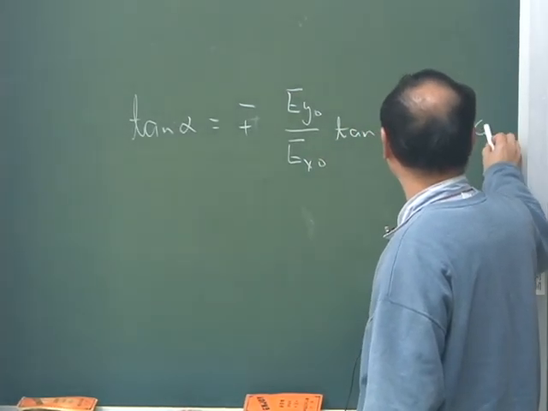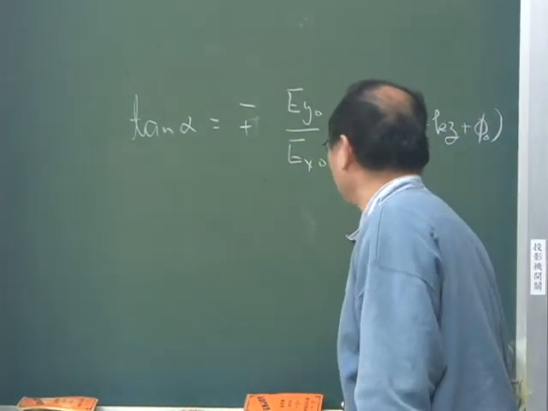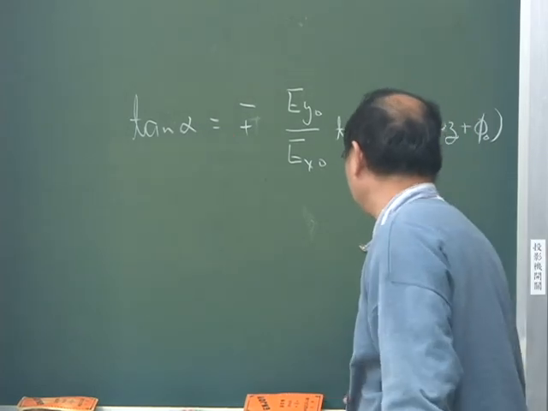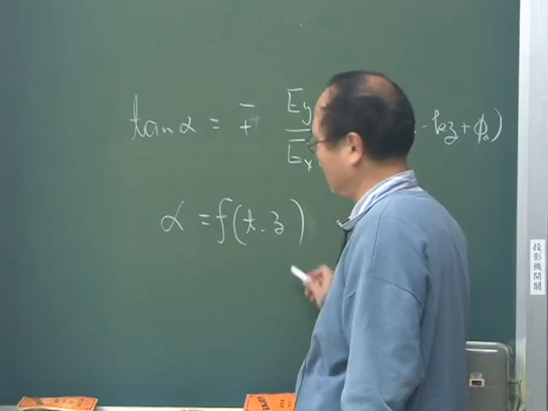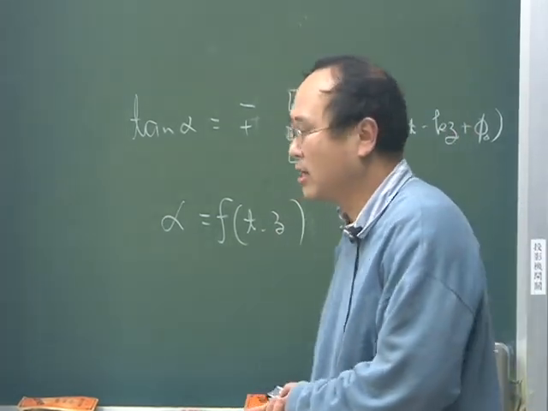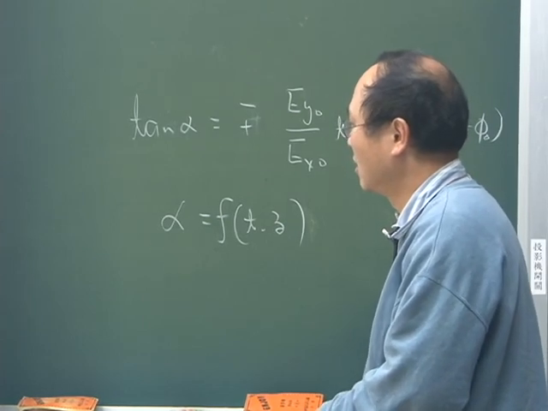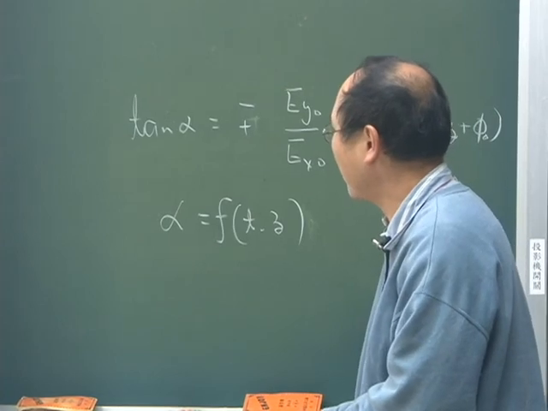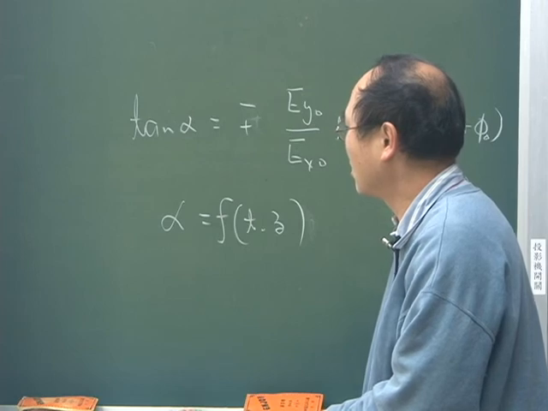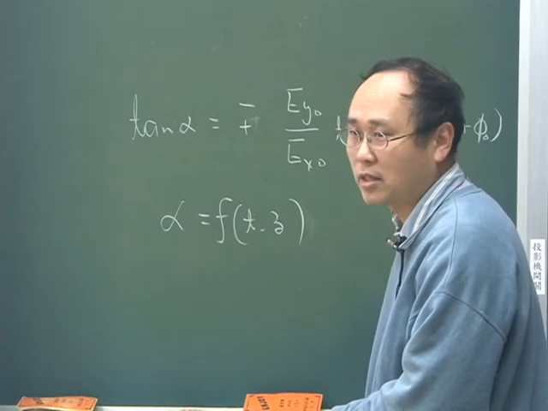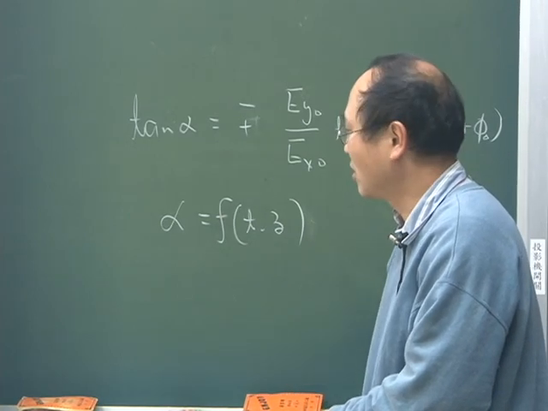Well, in fact, there could be some arbitrary phase right here. Okay. 所以你可以看到这个角度 this alpha now is a function of t and z. So it tells you that this angle changes with time and position. And if we have a say plus sign here, 那这个角度呢会随着时间，这是真函数 tangent is a monotonic increase function.